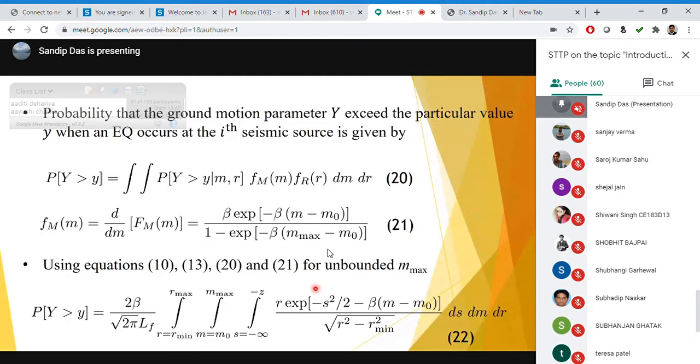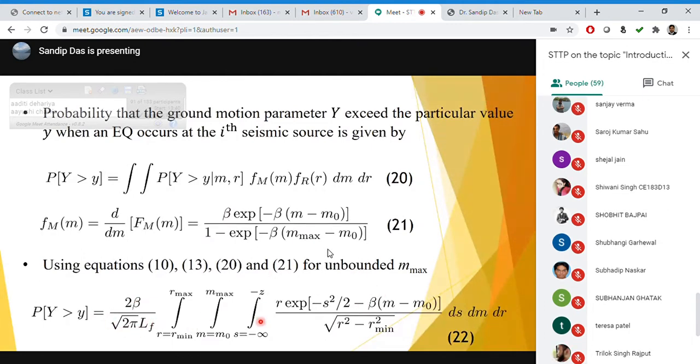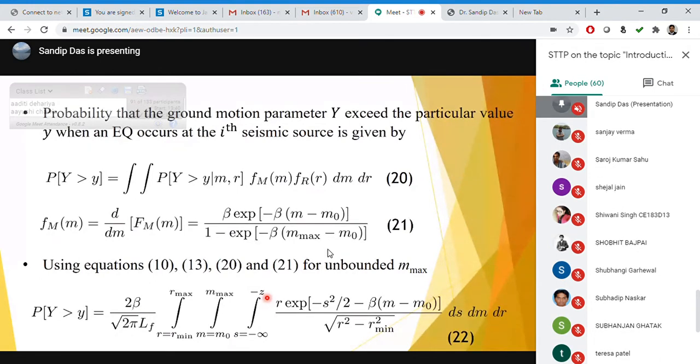If you do all this, finally all the constants will come out, and there are three fourths. So what to do? This is a dummy variable, minus infinity to z. If you first integrate with respect to s, then as per the integration law you have to consider the other two as constant for the time being. You do the integration, and you will get everything in terms of z. Now z means ln of y. Ln of y means you have m and r already sitting there.